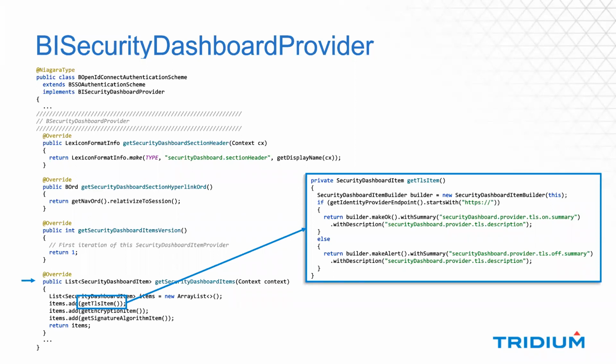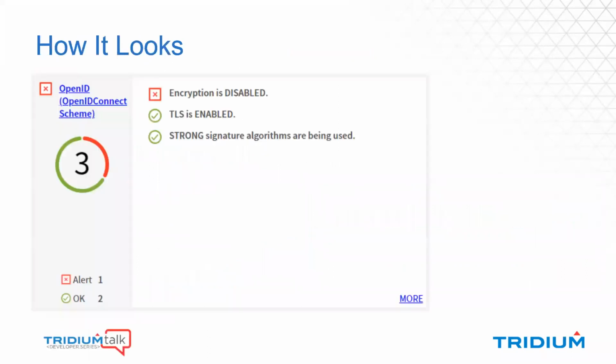And if it starts with HTTPS, we create an OK item. And if it doesn't, we create an alert. And you might remember that for the previous example, we added the names of the schemes that weren't using TLS, but there's no need to do that here because the scheme name is already going to be in the title of the card.